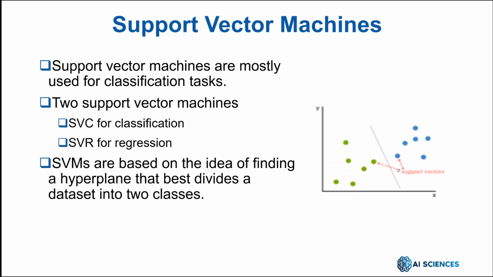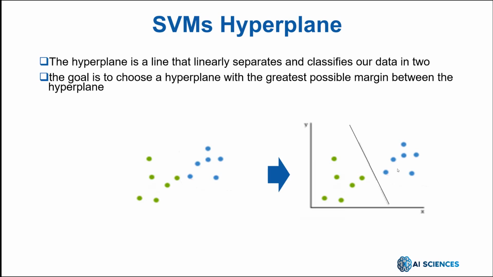SVMs are based on the idea of finding a hyperplane that best divides a dataset into 2 classes, as shown in the image below. You may ask what the hyperplane is. Take this example. Say we want to classify a task with only 2 features. You can think of a hyperplane as a line that linearly separates and classifies our data in 2.